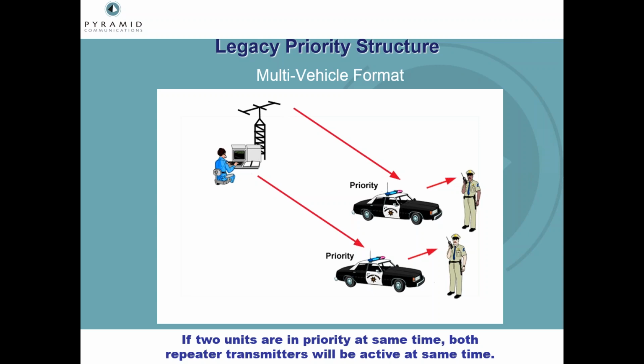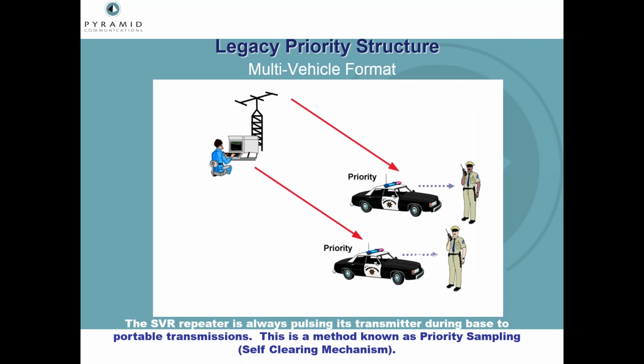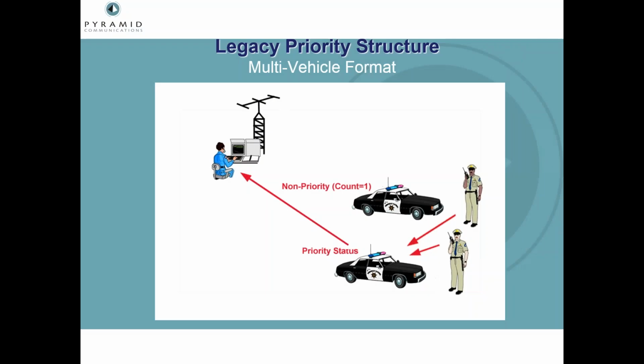What can happen is you do get that situation where 2 units are in priority. But we have a method in the vehicular repeater called priority sampling. It's a self-clearing mechanism that pulses the transmitters of the pyramids, looks for a collision with another vehicular repeater, and if it detects the collision, it automatically stands down, and one of the units will go into non-priority, while one of them will remain in priority and continue to handle that traffic.